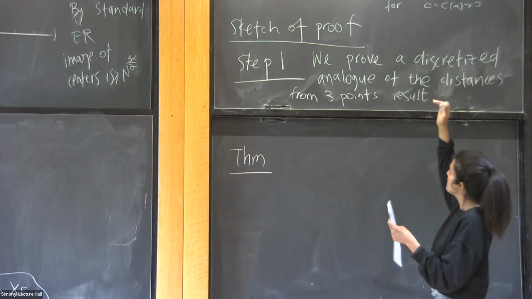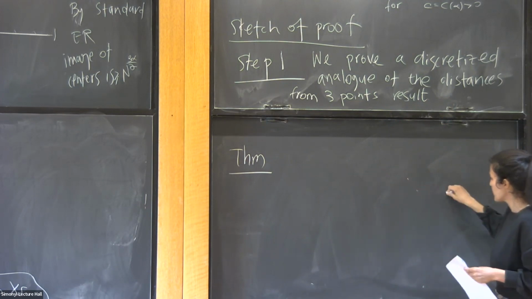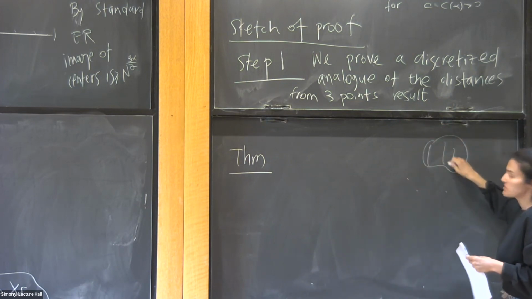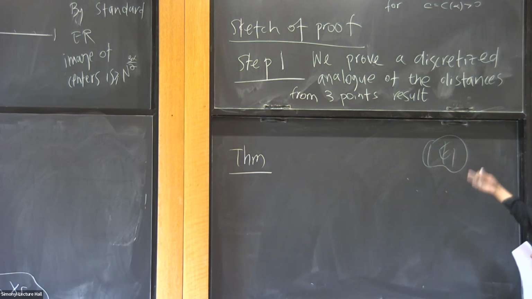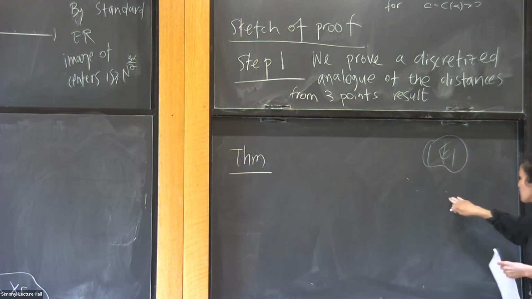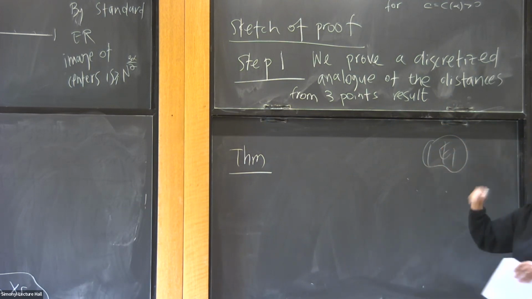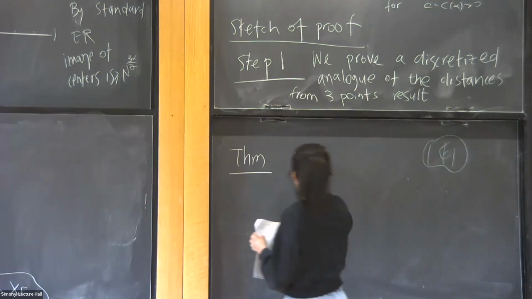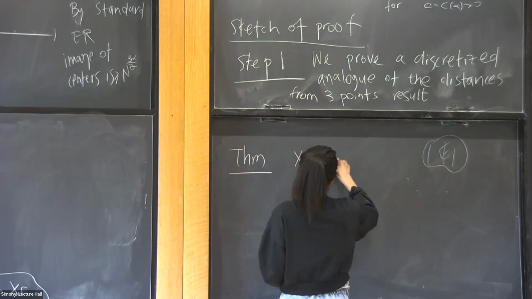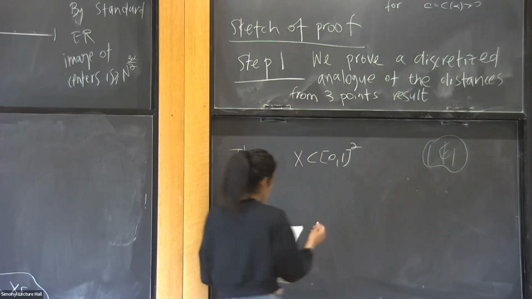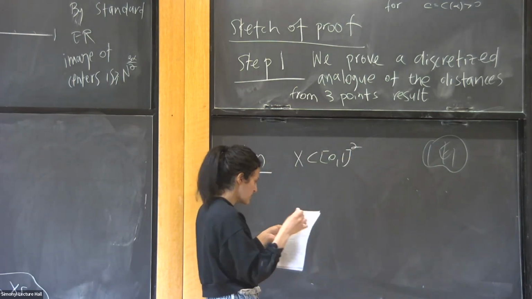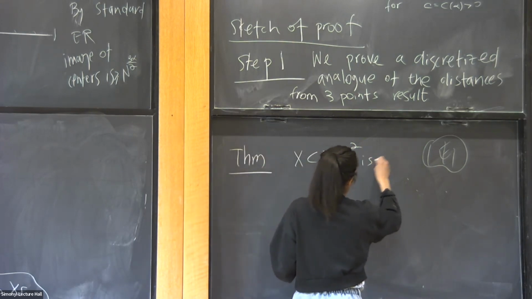So again, we have 3 points where we look at all the distances from a certain set, this time E, and we want to say that for one of them, the set of distances will be large, or the union is large, right? So now we have a set X in [0,1] squared, so in the unit square, and this set is a (delta, alpha)-set.